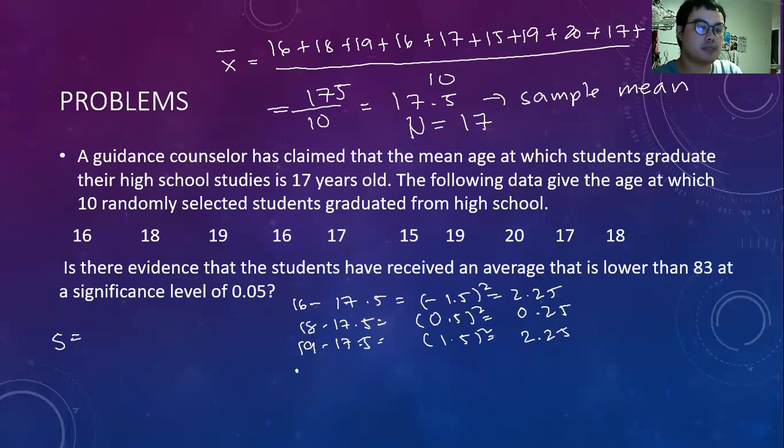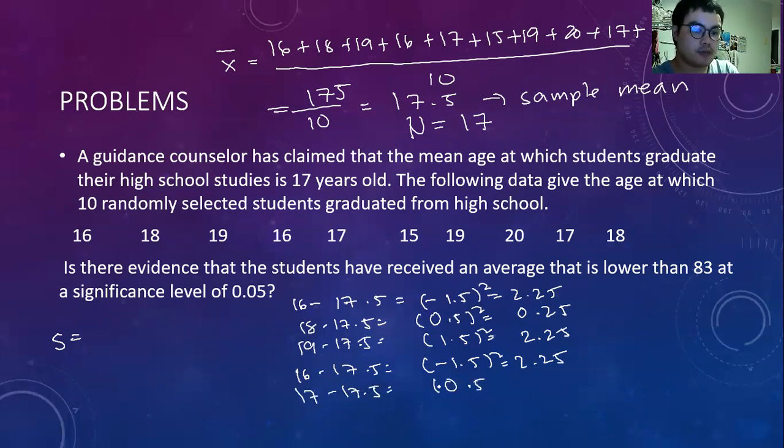Then this will become 16 minus 17.5, it will become negative 1.5 squared, and so on, and so forth. Okay, so 17 minus 17.5, it will become negative 0.5 squared, it will become 0.25. Then 15 minus 17.5, it will become negative 2.5 squared.